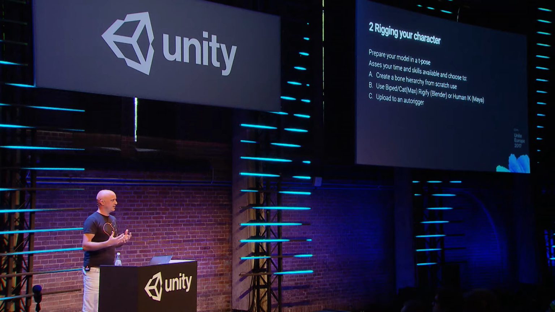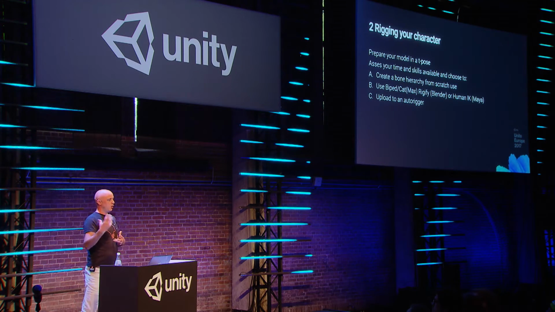So rigging. It's important when you're rigging to prepare your model in a T-pose. So in order to bring the character to life in Unity, you basically have to understand that Unity wants to know how it will move when you bring it in to retarget your animation and do all that kind of stuff. Many characters you'll get on the asset store, they're already rigged and skinned, which means that some artist somewhere has made a decision about how different parts of that body move in reference to the bone system that's inside that character.